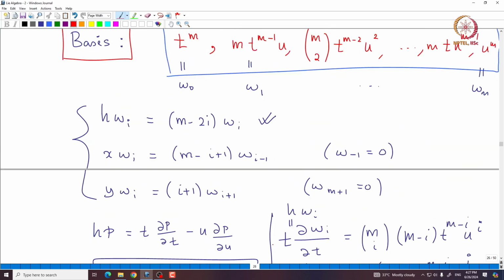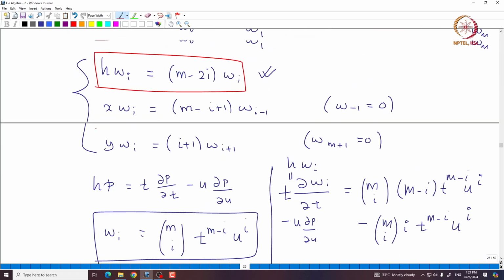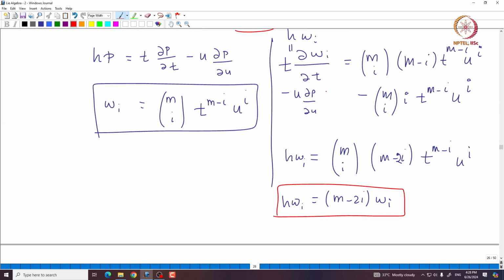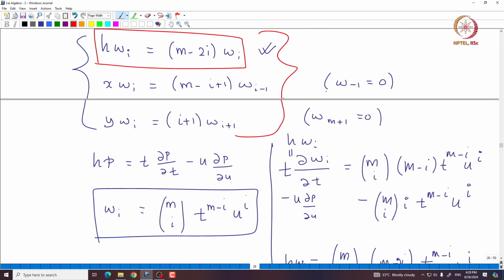So, h acts on this w i as m minus 2i w i. From this you can see the entire action of SL2, how it is acting. These formulas are very important, and we will make some important observations using them. These formulas are easy to check, they are just plain computation, which is what I did here for the h action. I will leave it to you to check the rest.